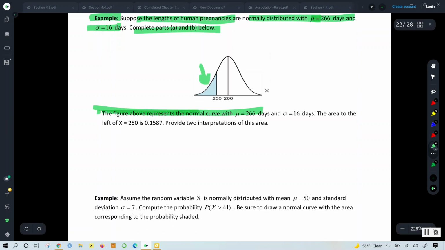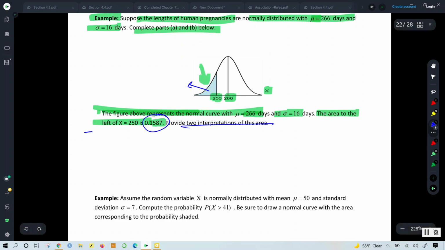This figure represents the normal curve with a mean, the center value of 266, and a standard deviation of 16 days. So the area to the left of x equals 250 is 0.1587.